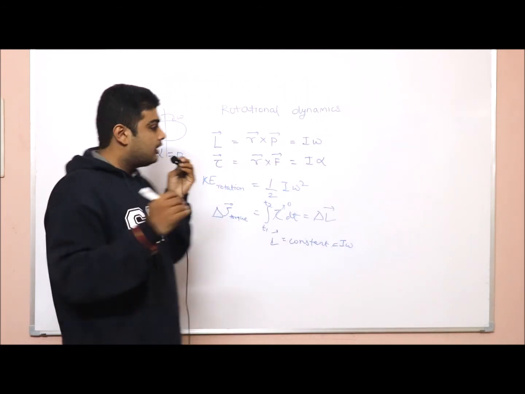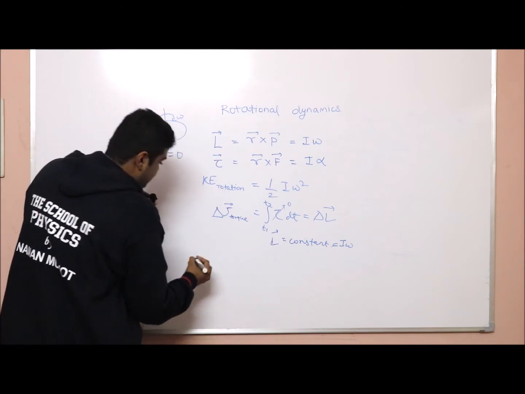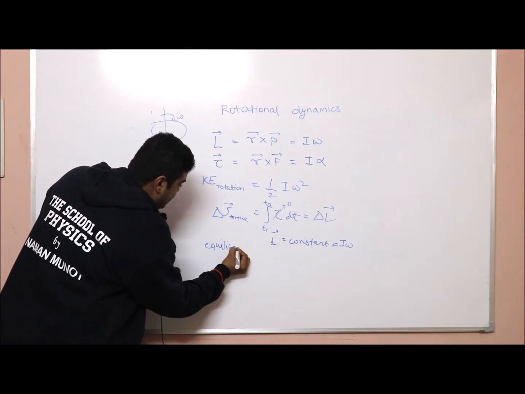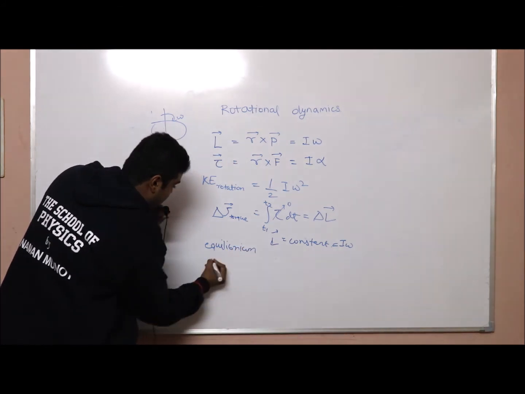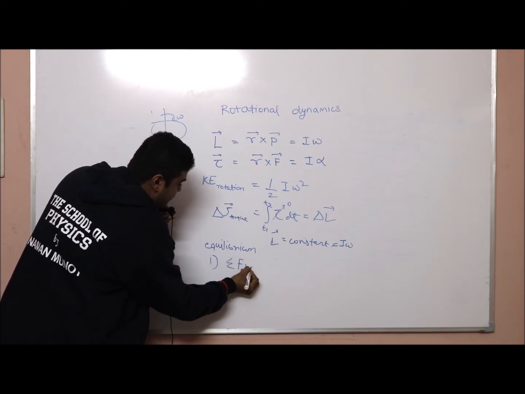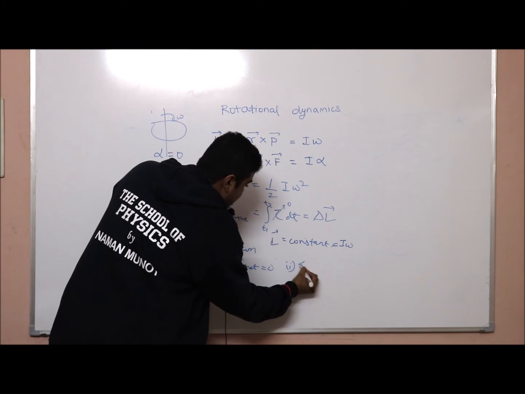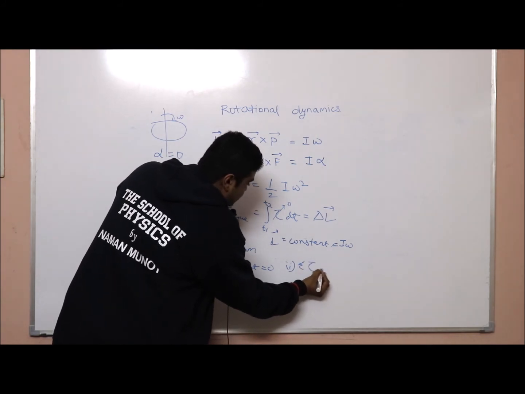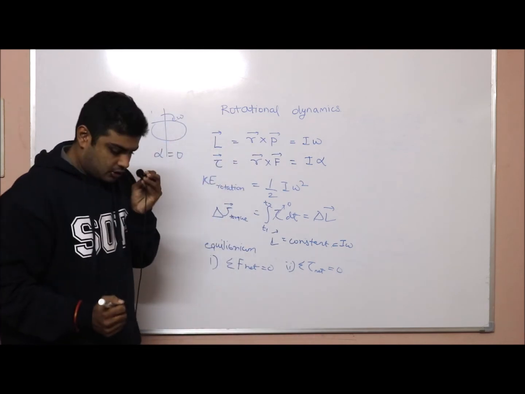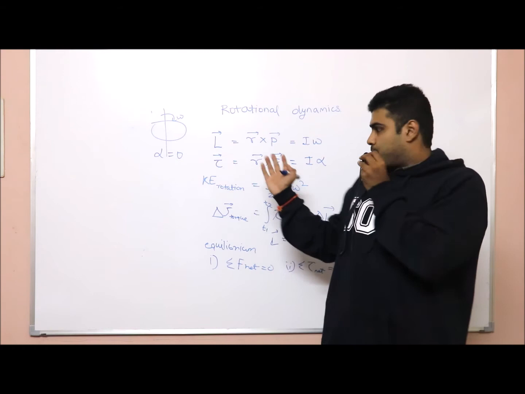So the net torque of the system will be equal to 0. So in equilibrium questions, number one, the summation of net forces equals 0, and number two, the summation of net torque at all the points on the system will be equal to 0. Most of the questions will come from this part.